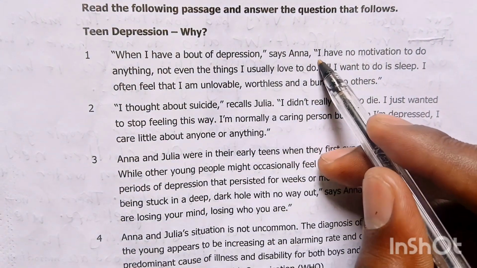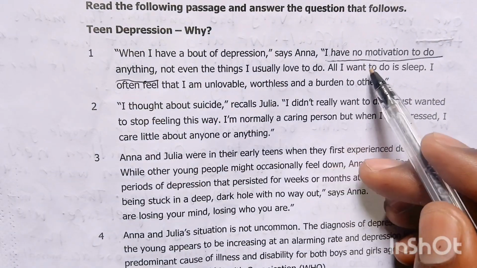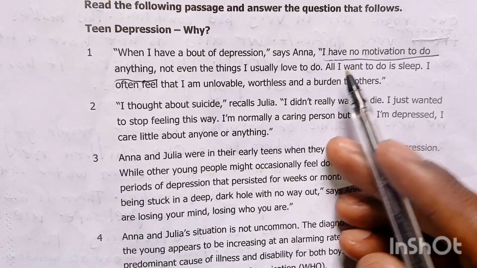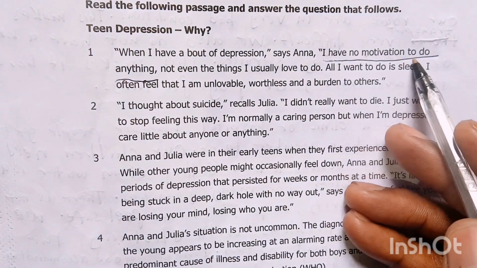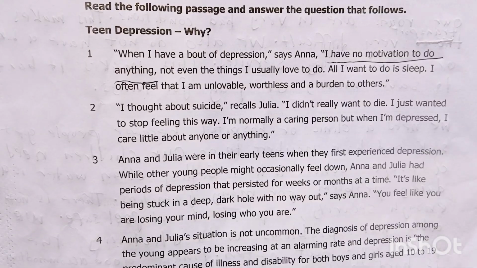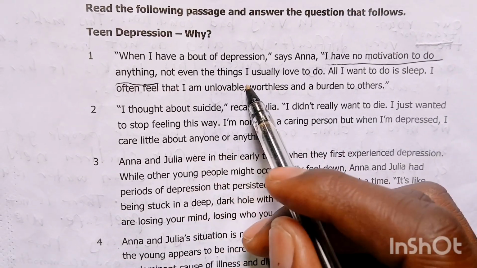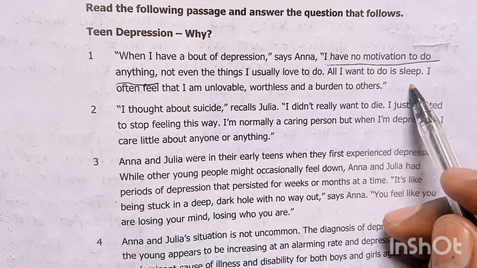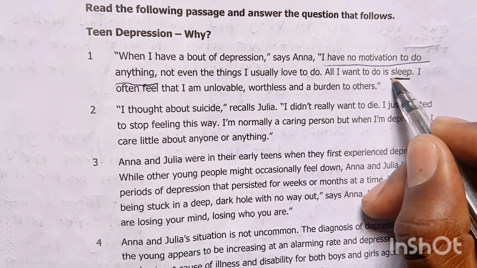So this is the point here: I have no motivation to do anything. In a point, you can just write no motivation to do anything. That's what you can write. Here it was saying, not even the things I usually love to do. All I want to do is sleep. So here there's a point. Another symptom is sleep.